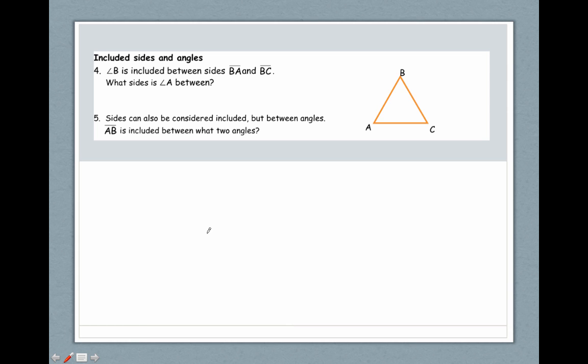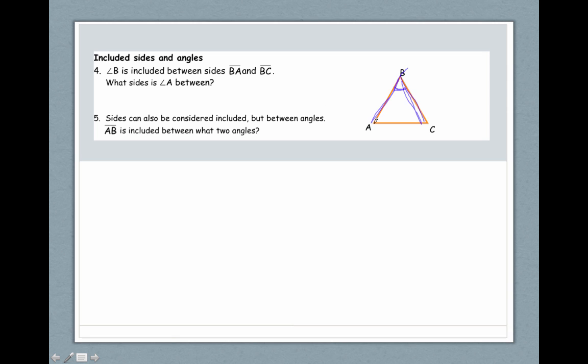Okay, so this is just really vocabulary at first. Included sides and angles. So angle B is included between sides BA and BC. So here's BA, BC, and this angle is included there.